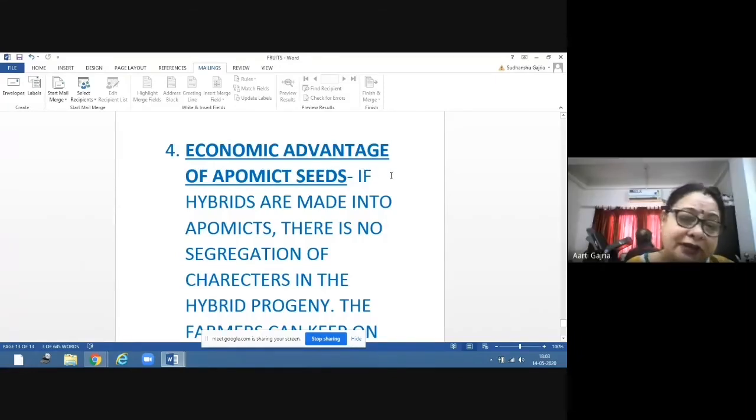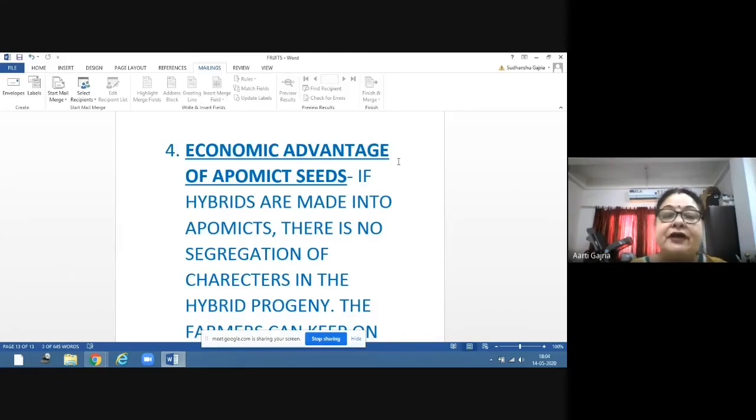Do you remember that hybridization is done by plant breeders to get good quality? The plant breeder has to select plants of desired qualities, crossbreed them, and then develop the seeds. Then check the seeds. So it is a time-consuming process.